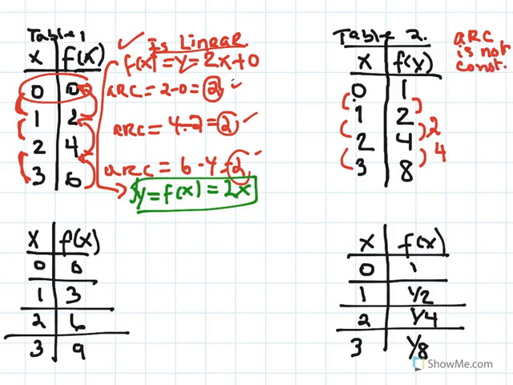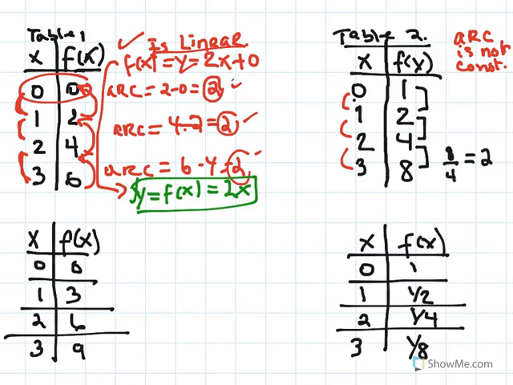Now I'm going to do something with table 2, and I want you to see how interesting this is. I'm going to erase this, because I'm no longer interested in subtracting. I'm more interested in dividing. So I'm going to divide the outputs corresponding to consecutive inputs. Let me divide 8 by 4.